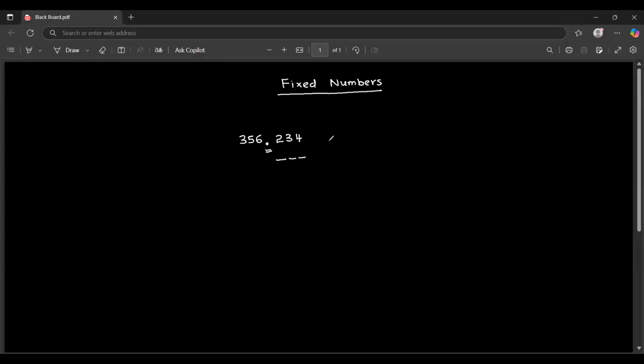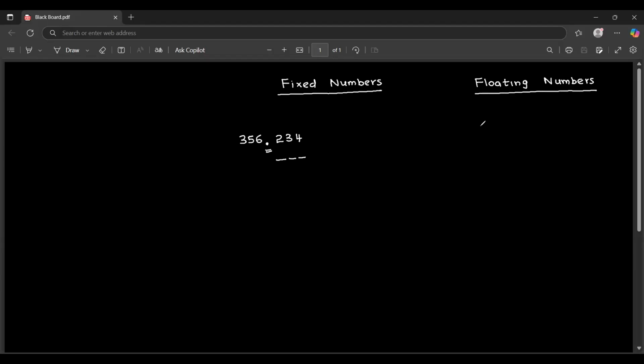But in floating numbers it's not the same. So why do we need floating numbers? Floating numbers are numbers where the number of digits after the point is not fixed.